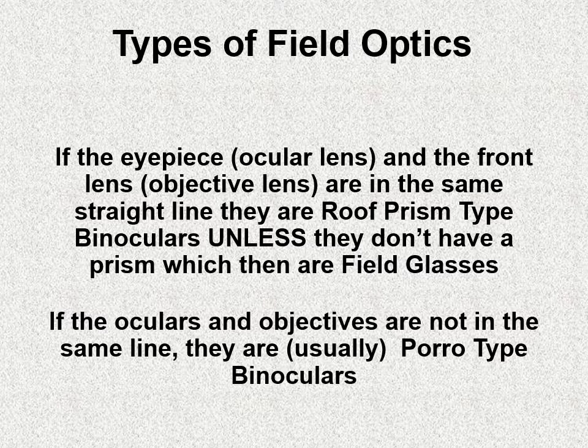If the eyepiece, the ocular lens, and the front lens, the objective lens, are in the same straight line, you consider that they're probably roof prism type binoculars, unless they don't have a prism, which then are field glasses, and I'll show you some field glasses. If the eyepiece and the objectives are not in the same line, there's usually some sort of Z pattern, they are usually Porro type binoculars.